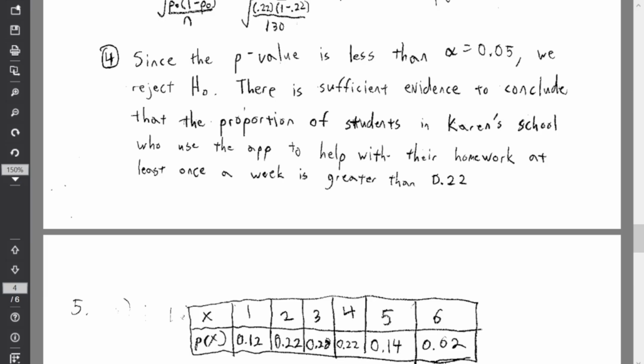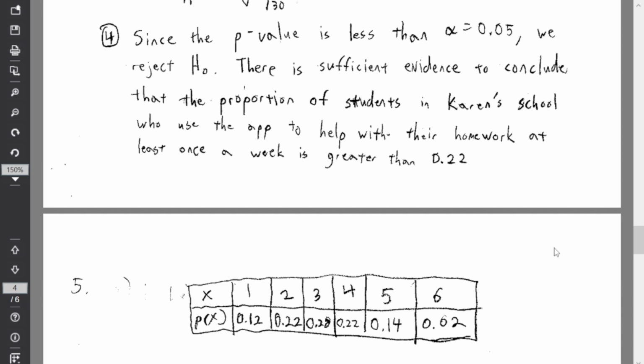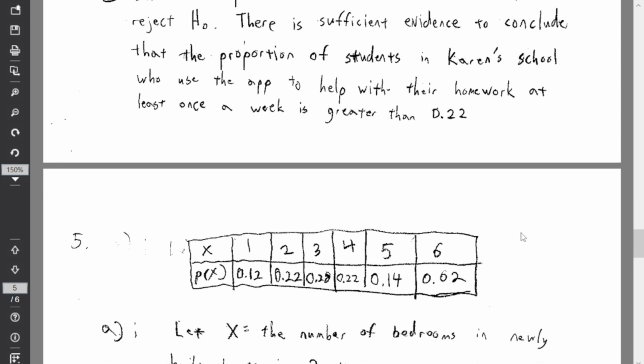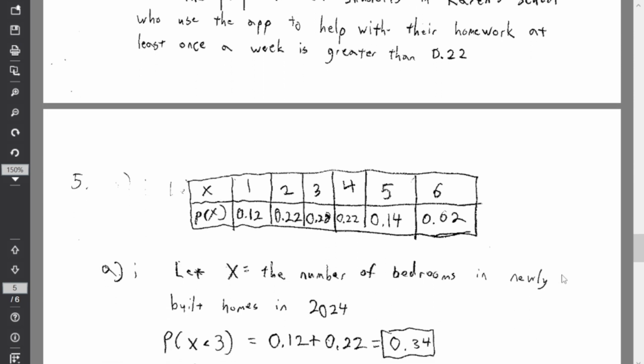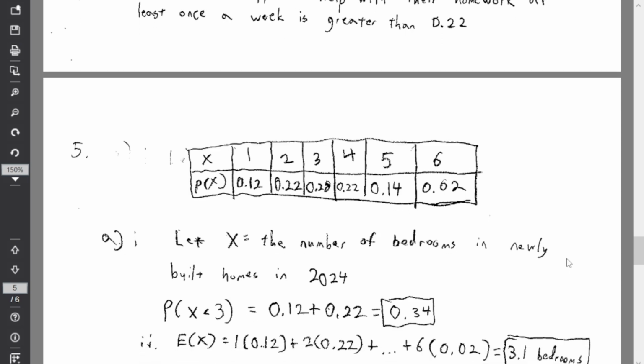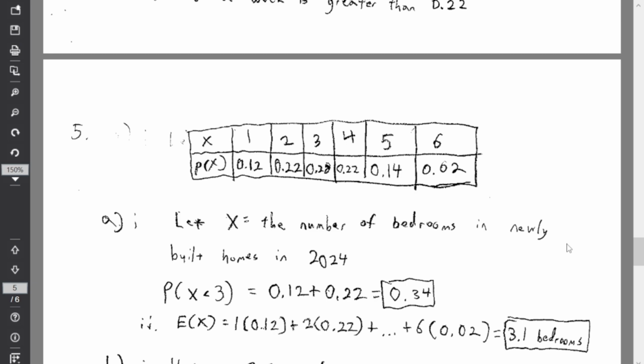So, if we want the probability that we have fewer than 3, well, fewer than 3 means either 2 or 1. So 2 or 1, or means we're going to add them together to get 0.34. And then the mean, well, we're going to use expected value, which is value times probability of it happening, and add them together to get a total of 3.1 bedrooms. That is our mean that we are looking at on part A.